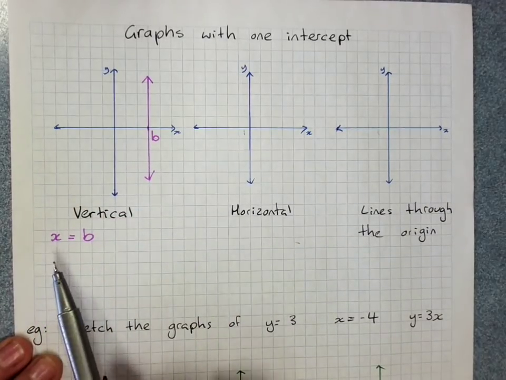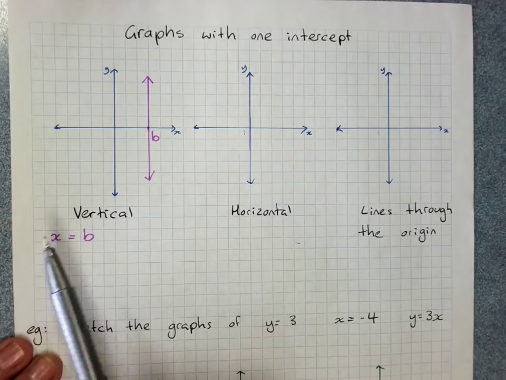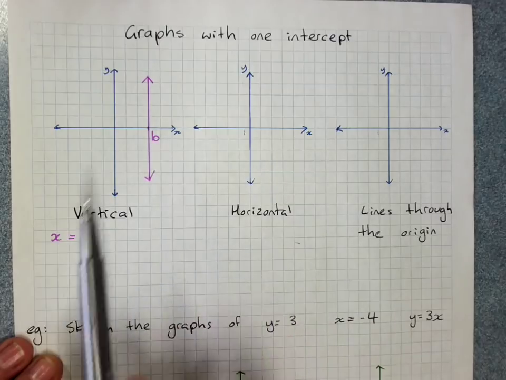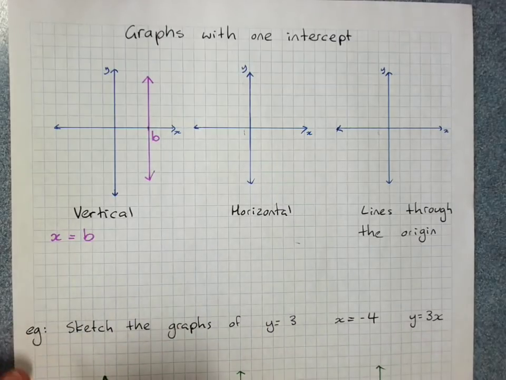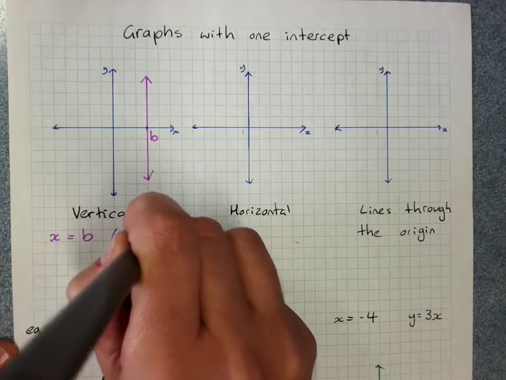So unlike all the other lines which have the equation y equals, a vertical line is only related to x, so it has the equation x equals a number. We're letting that number equal b, where b is a constant. That is a number.